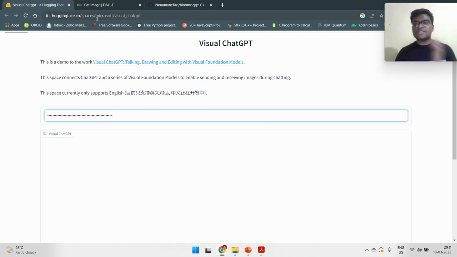Before getting into visual ChatGPT, a very important thing is my question to GPT-4: whether GPT-4 can work with pattern matching and feature extraction from images. Recently I was reading lots of papers regarding handwritten text recognition, cursive handwriting recognition too.